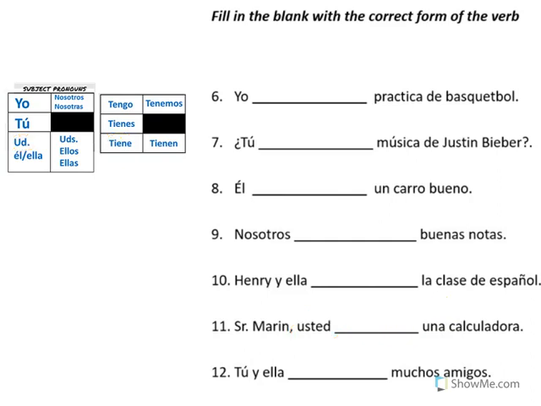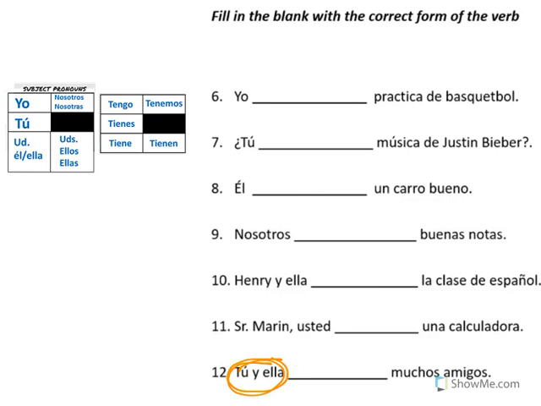And finally, number 12, tú y ella blank muchos amigos. You and her have a lot of friends. Okay, again, we don't see a name, and we definitely do not see a subject pronoun. So it's a little tricky because we have to fit it. We have to fit that before we choose this word. We have to fit this somewhere here on this chart. So where does it fit best?